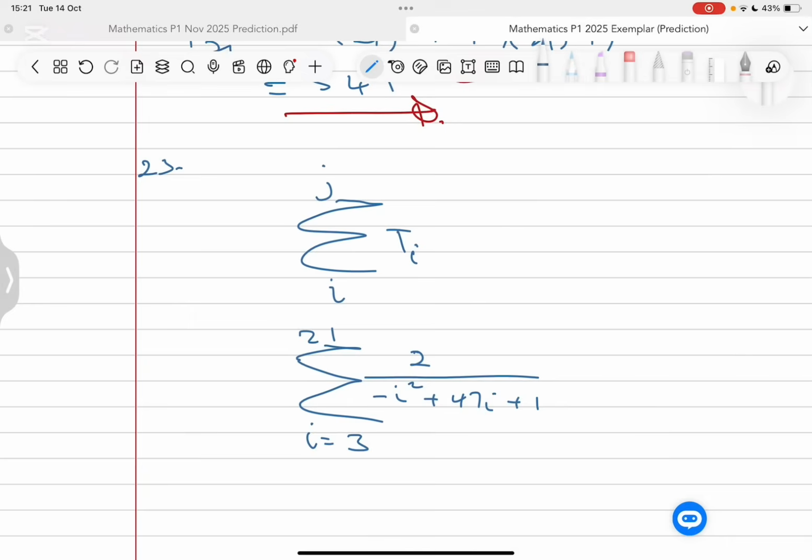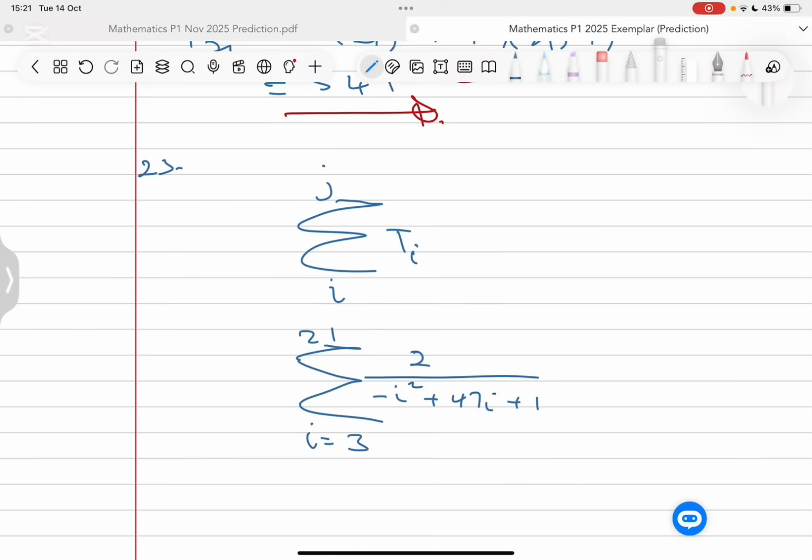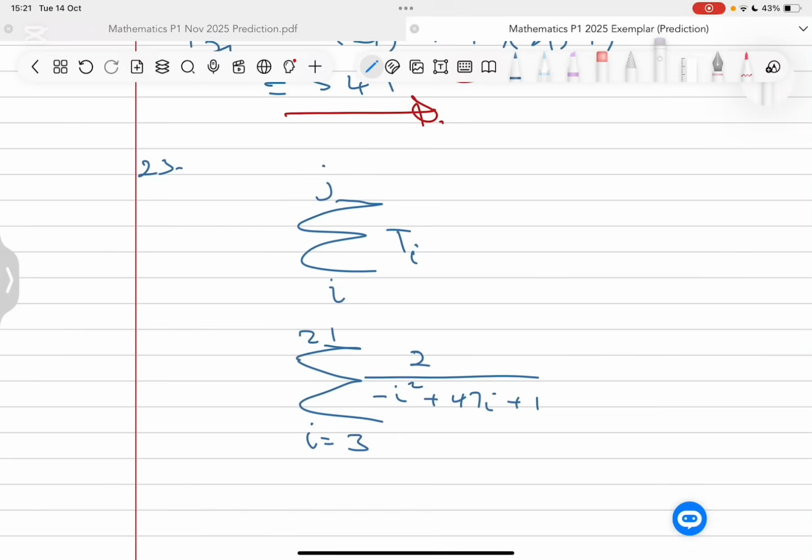You can go test it by putting different values of i, starting with a 3 here. You will find that you'll get this term. If you then go to a 4, because after 3 comes a 4, you will then get this term. And you can continue doing that by going to term 5, term 6, and 7. So in our sigma notation, the first term would be the one that starts at 3 and it will end at 21.